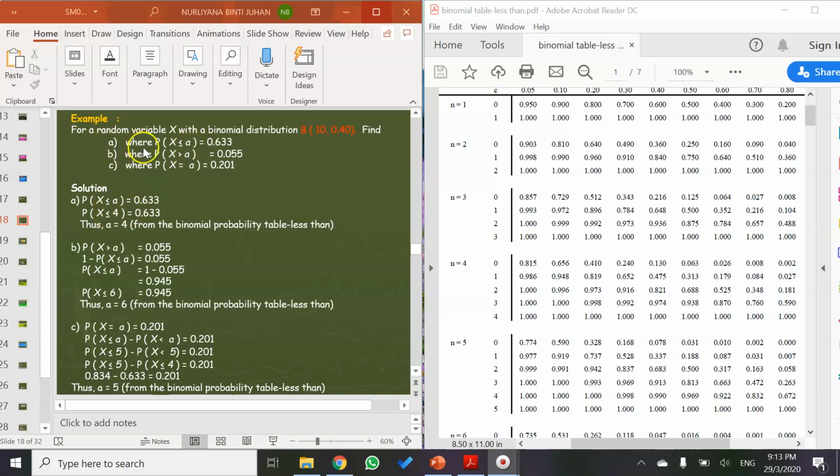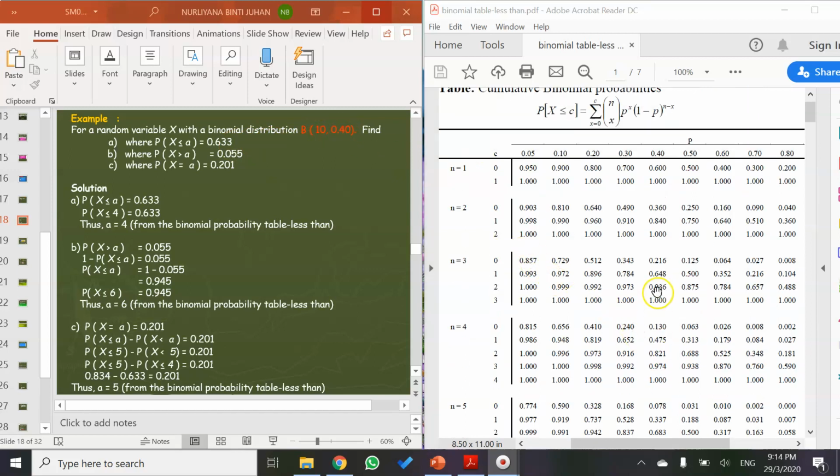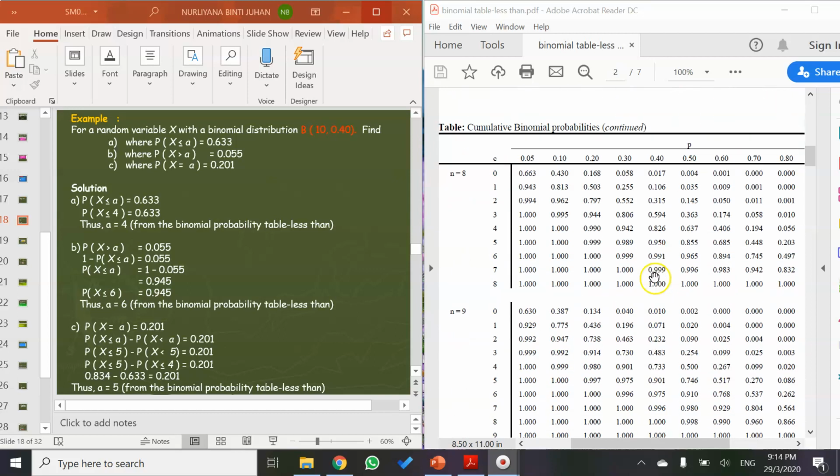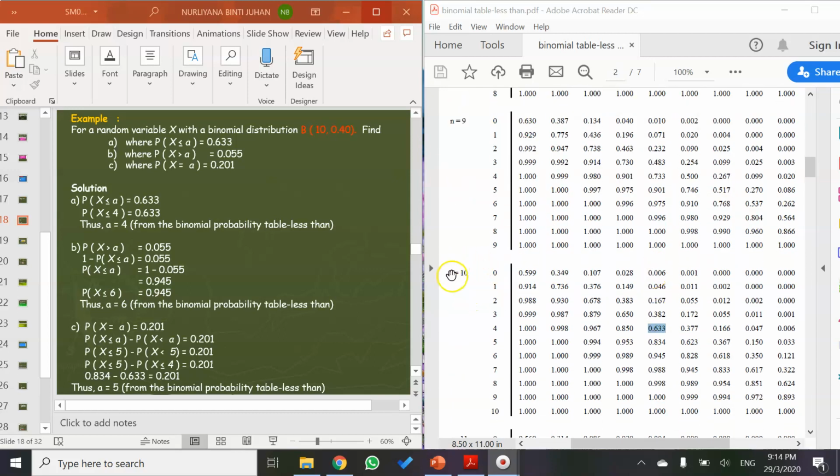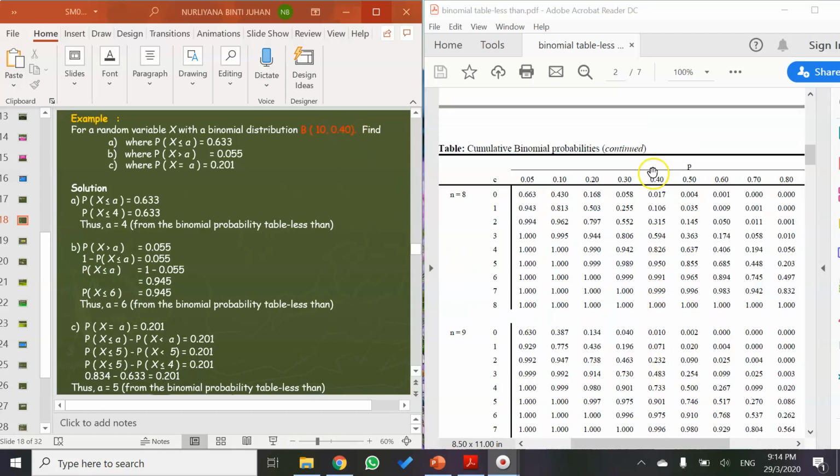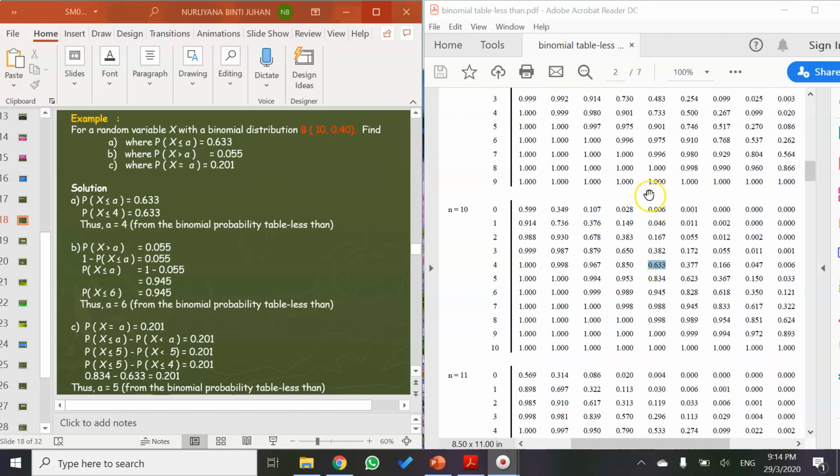Okay, let's see. For a, you need to find the probability X less than or equal to a, which is equal to 0.633. So if you refer to here 0.633 and you are given your n equal to 10 and your p 0.4. Now let's refer to our table. N equal to 10, it's this area. And your p equal to 0.4, it's this column.